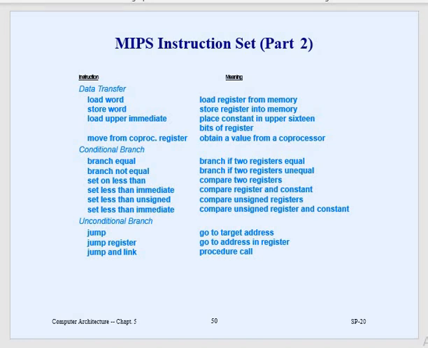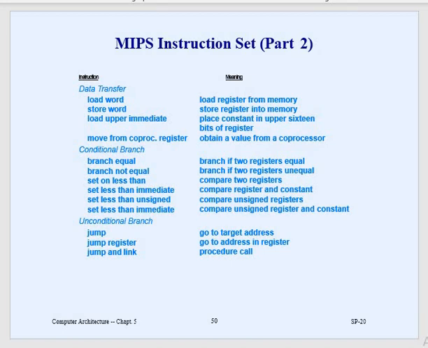So far we have discussed arithmetic instructions, logical instructions, data transfer instructions, conditional branches, and now we are coming to unconditional branches. The first command is the jump instruction, which tells the computer to go to the target address. Jump register means go to the address in the register.